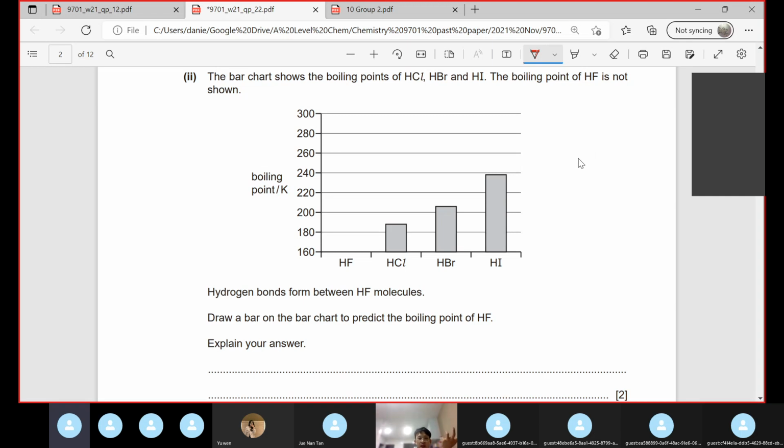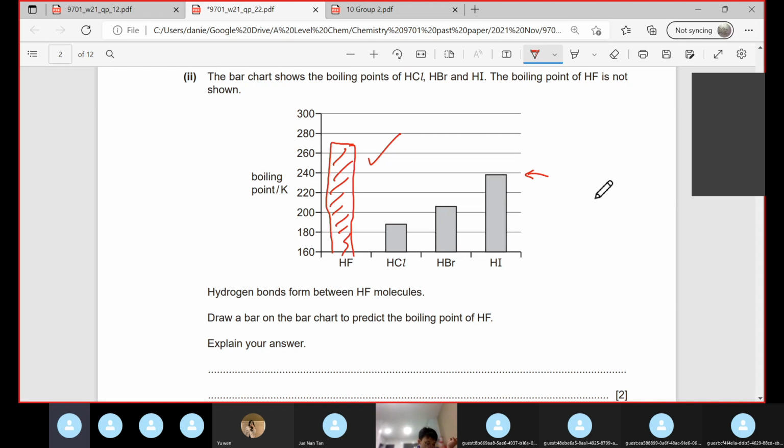Usually for this question, as long as you draw a bar that is greater than the HI, no matter how high it is, you will be awarded 1 mark. It must be greater than the boiling point of HI, as HF molecules can form hydrogen bonding. So 1 mark here.